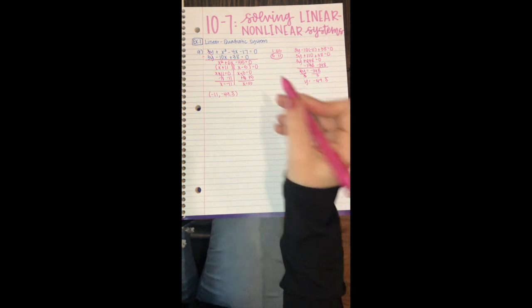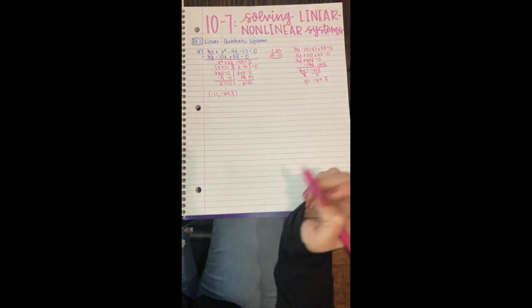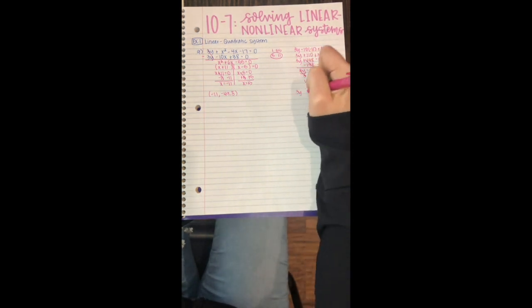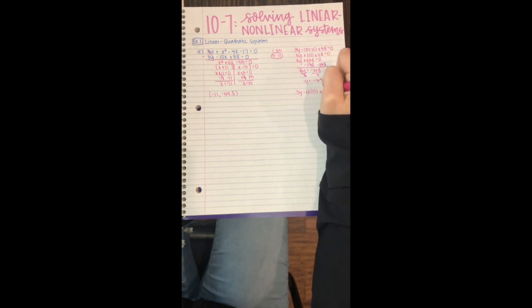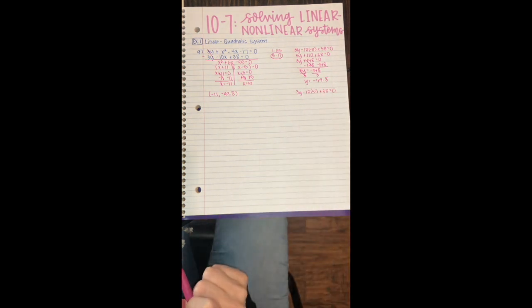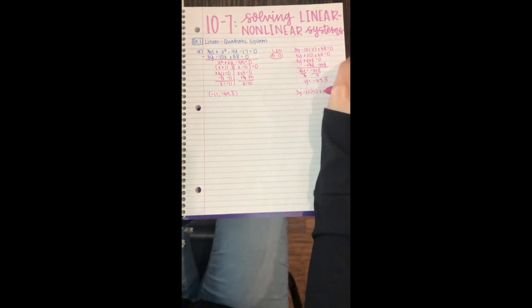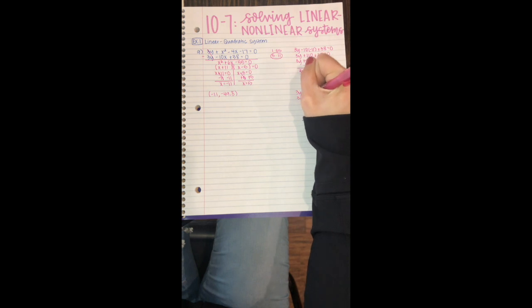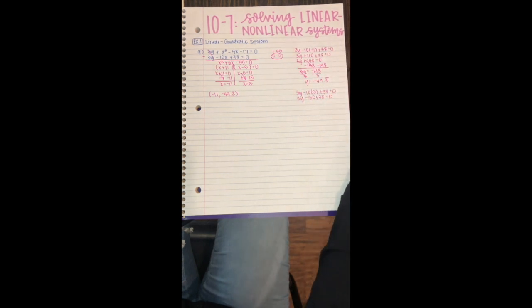For our second answer, we're going to do the exact same step but plugging in 5. So we have 3y - 10 times 5 + 38 = 0. Again, plugging in 5 for x. So negative 10 times 5 is negative 50 + 38 = 0.